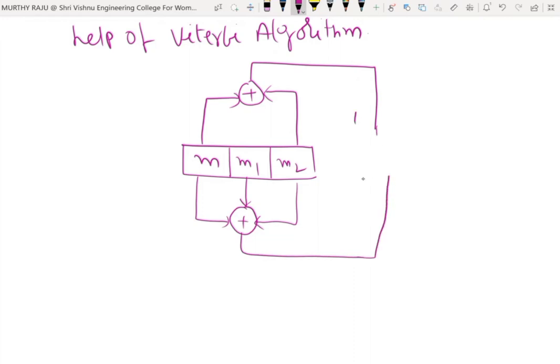Output 1 and output 2: X1 and X2 are the two outputs. X is the combined output of this convolutional encoder. The given message sequence is 11001.